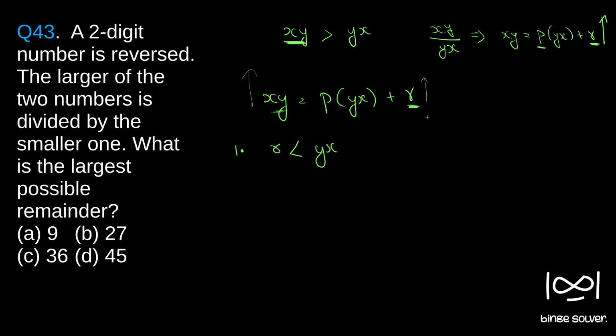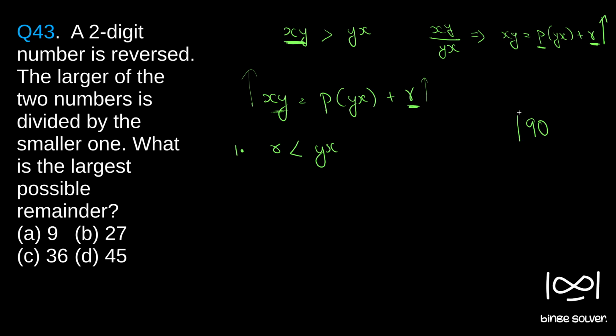If you think of a large number for xy, something greater than 90, let's randomly choose 90. It has to be two digit, so 90 plus should be the number.